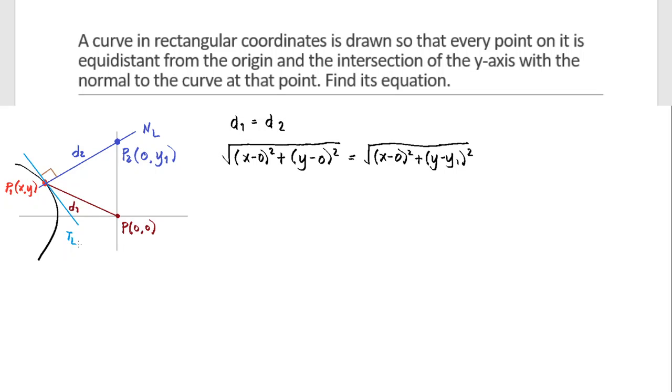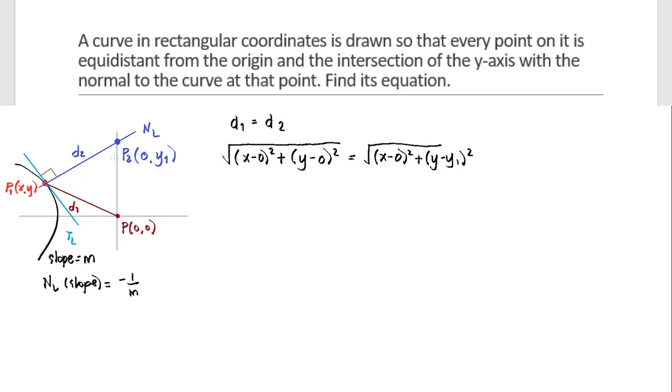The slope of the tangent line, let's call that m. Now, if the slope of your tangent line is m, what would be the slope of your normal line? The normal line slope would be, of course, the reciprocal, negative 1 over m.